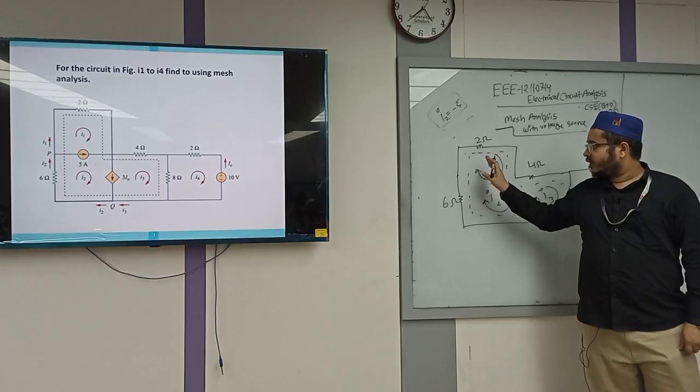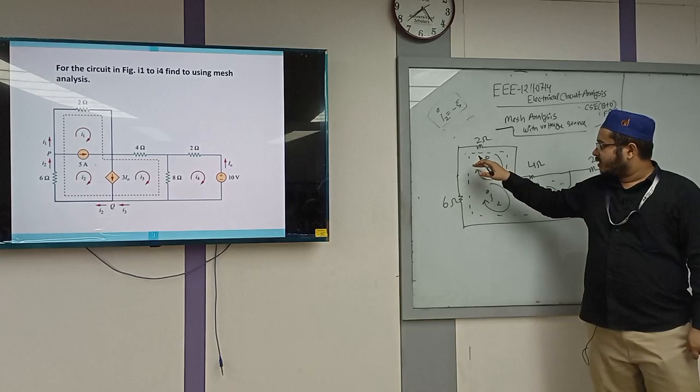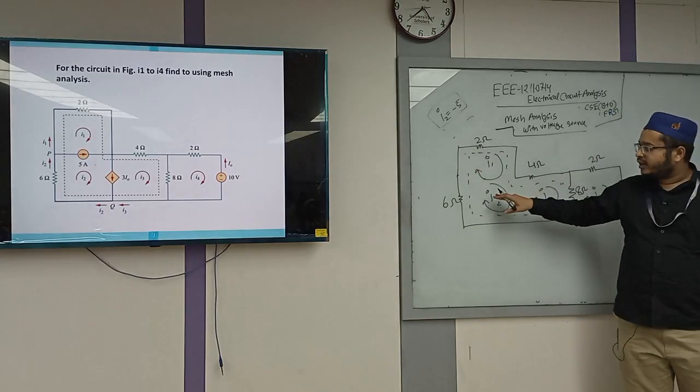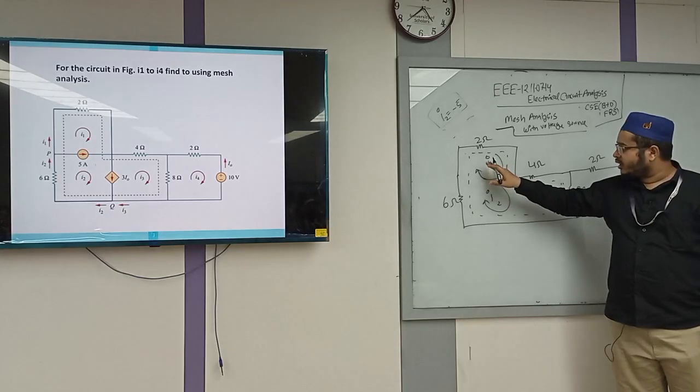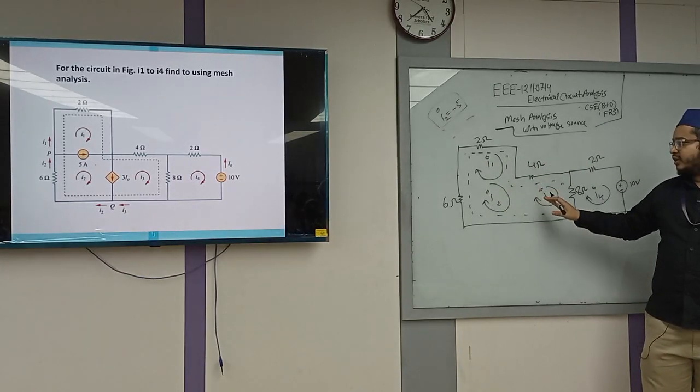So if you remove the elements that cause the super mesh, we will find the circuit like this, and we have to apply KVL according to the current flowing previously in the circuit.